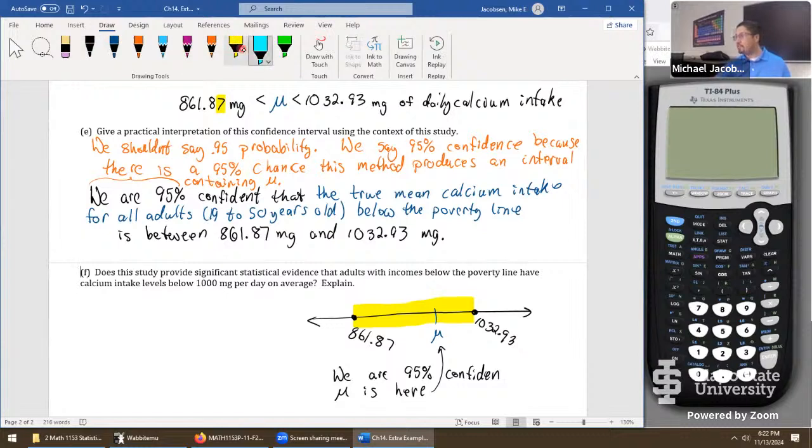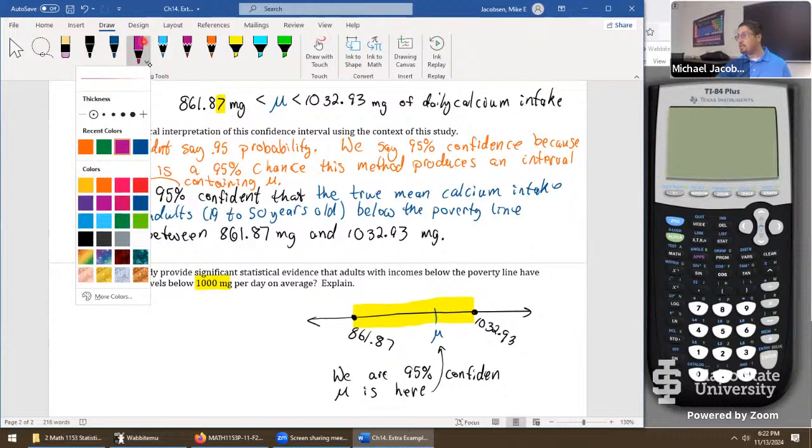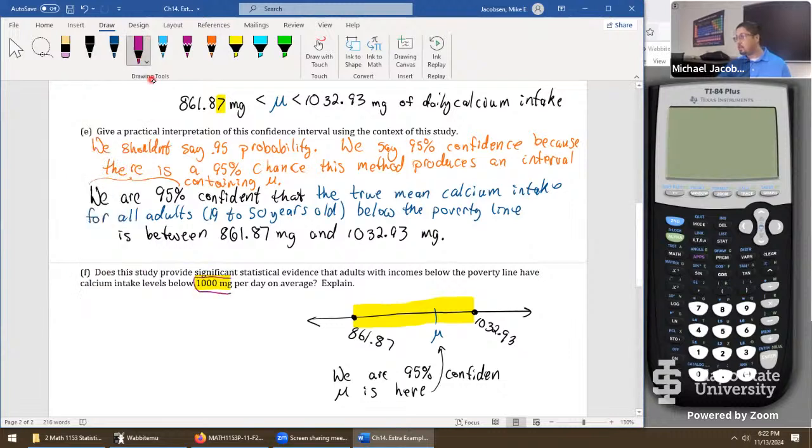We also have that figure right there, 1,000 milligrams. So maybe it could be above it too, right? It could be anywhere inside this interval, but this is the critical thought so far. 1,000 milligrams is also in that interval.